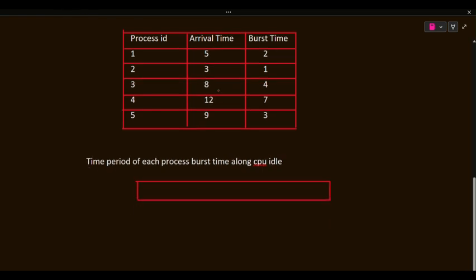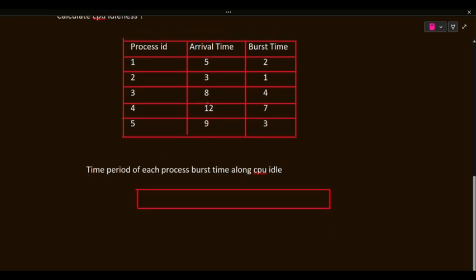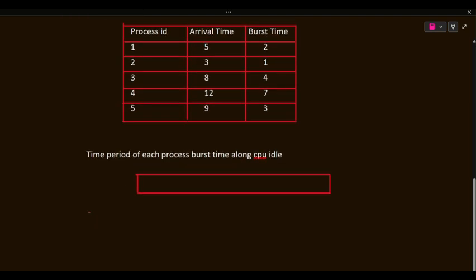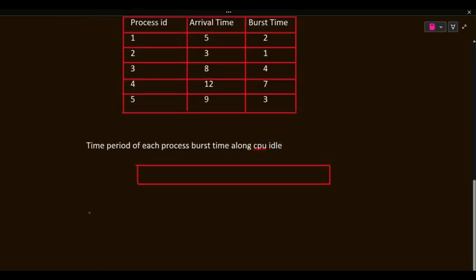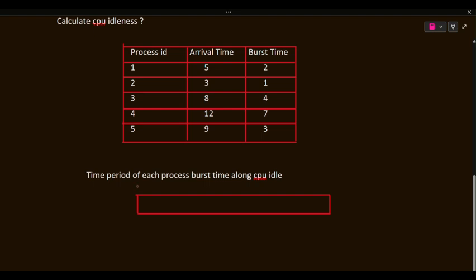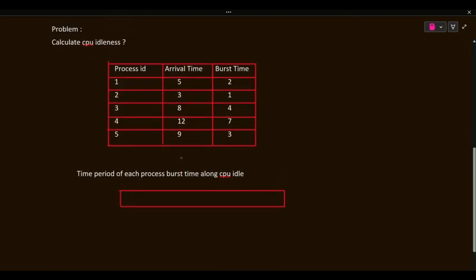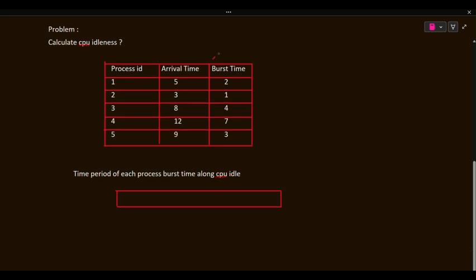Let's draw the Gantt chart for the given problem with FCFS. As I told you, to solve an FCFS problem, first you have to sort the given processes based on their arrival times. So let's solve these processes.